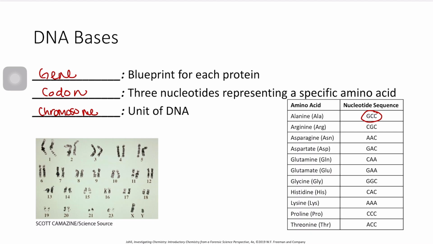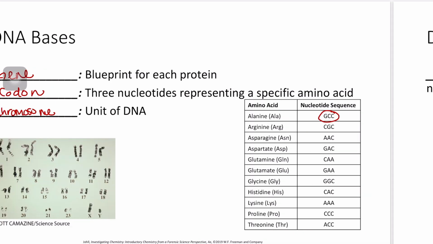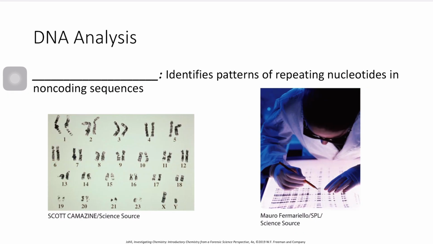Now we can use all of this to analyze DNA. When we analyze DNA, we use a specific method, and it's referred to as short tandem repeat or STR analysis.